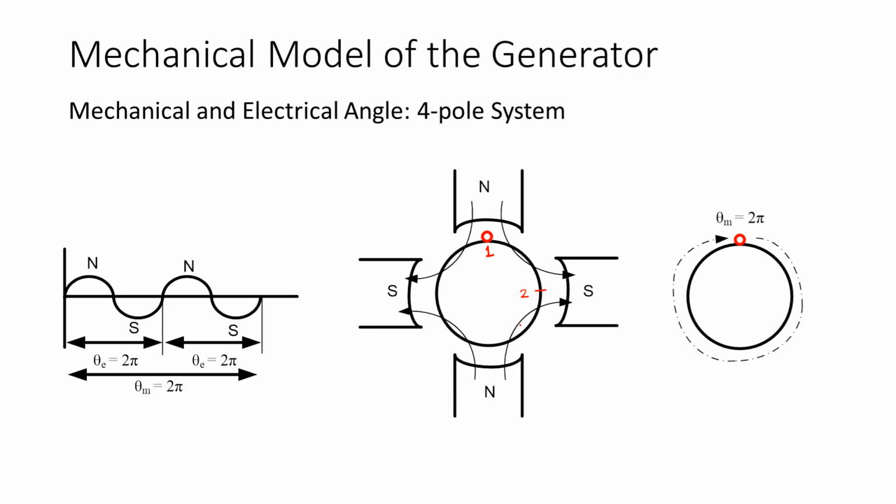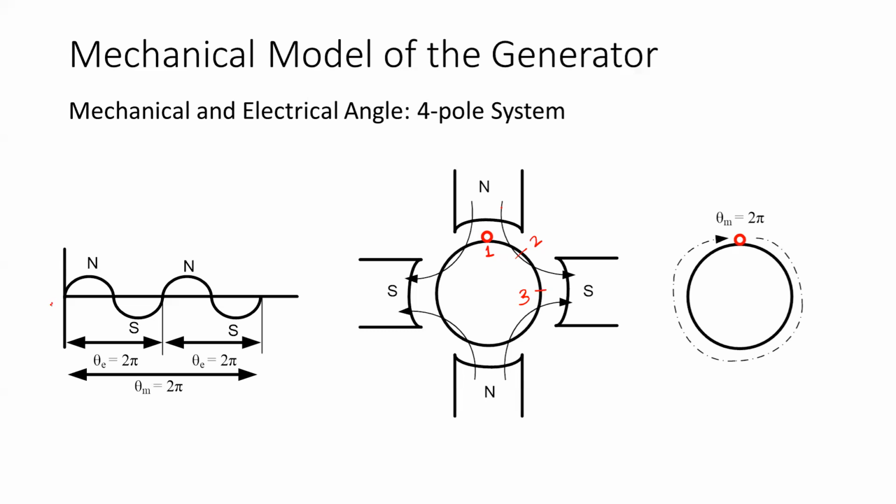And it will also be minimum in the opposite direction. Is that point clear? I intentionally did not give point 2 over here. This is where you will have your maximum, and this is your point 3 where you will have your minimum, right? When you go from north to south, how much electrical degree do you accomplish? 180 degrees.